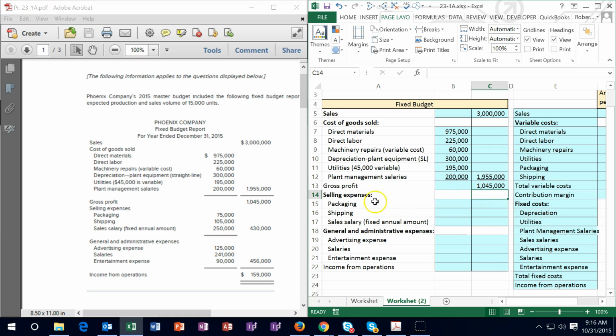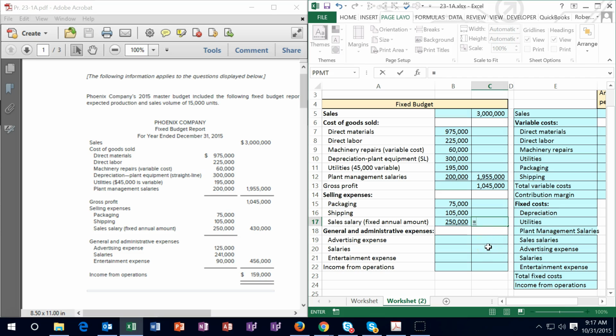Selling and admin. Once again, these are period costs because they happen in the period rather than being part of the production. And here we have packaging 75,000, 105,000 for the shipping, and sales salary 250,000. Once again, we're going to sum those up on the right hand side, being the total selling expenses.